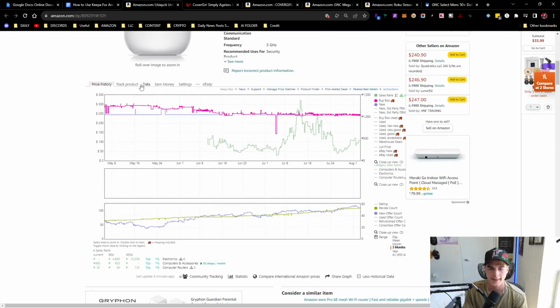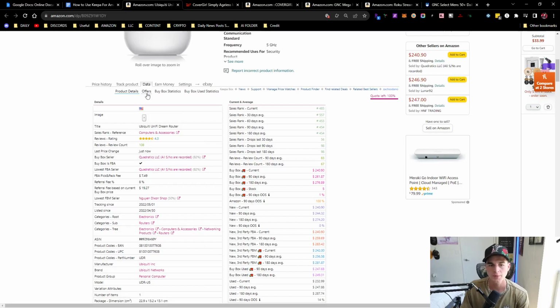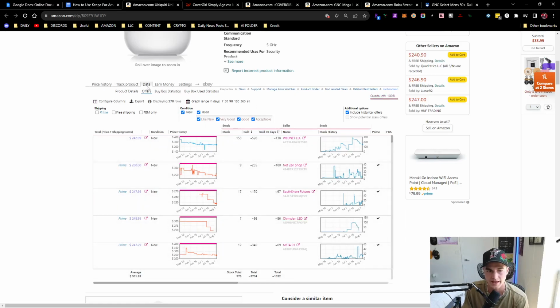And another thing to note is the offers tab. You can come over here and see how many times a month this item is selling. Come over to data and then offers. I always include historical offers, but all you do is look at how many sold in the last 30 days and how many sold on this listing in total.